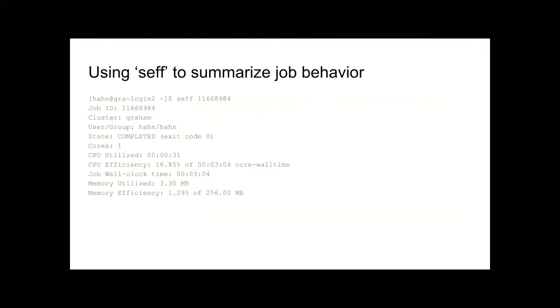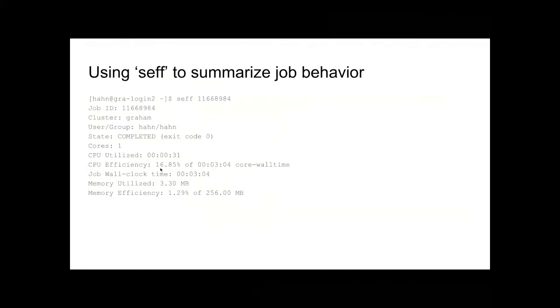So salloc is just an interactive version of sbatch. I kept it open for 3 minutes, and I only ran one compute-intensive thing within it that used about 30 seconds. Yeah, that works out. So that's about 1/6, 30 seconds of 3 minutes. And it used very little memory. This was a default salloc, and the defaults request 256, and I used only 1%.